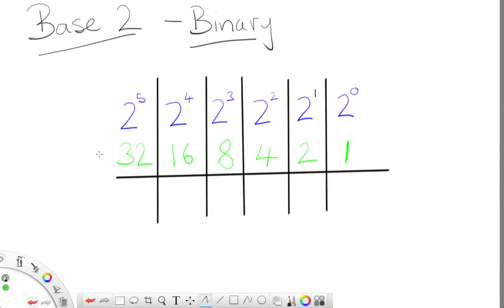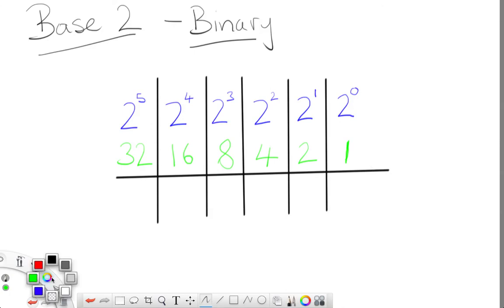So there are some of the columns in base 2. Just as in base 10, these can keep going as far as you want; we just have a few of the starting ones before we get into really big numbers. So the column headings for binary are here.